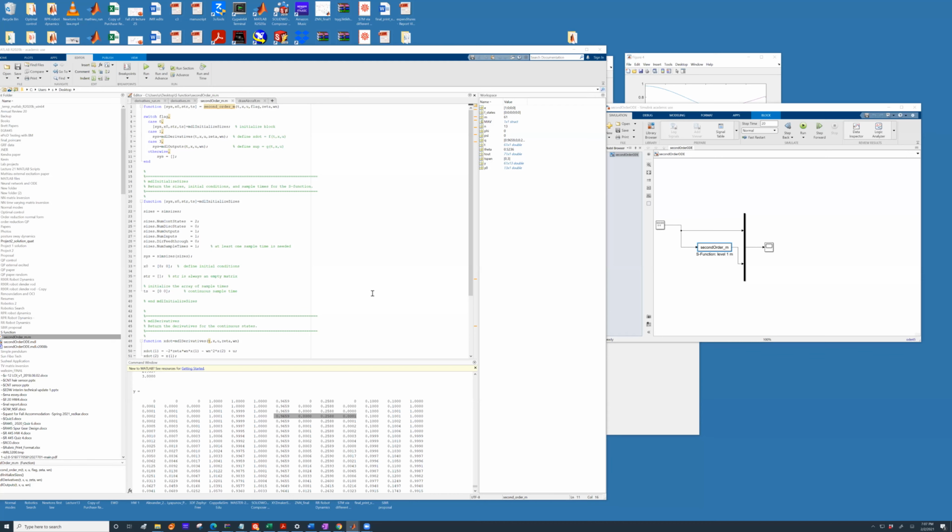You can have code written in Fortran, in C, or in some other language, and you can wrap a Simulink wrapper around this code and still run it inside the Simulink environment. This is pretty powerful.